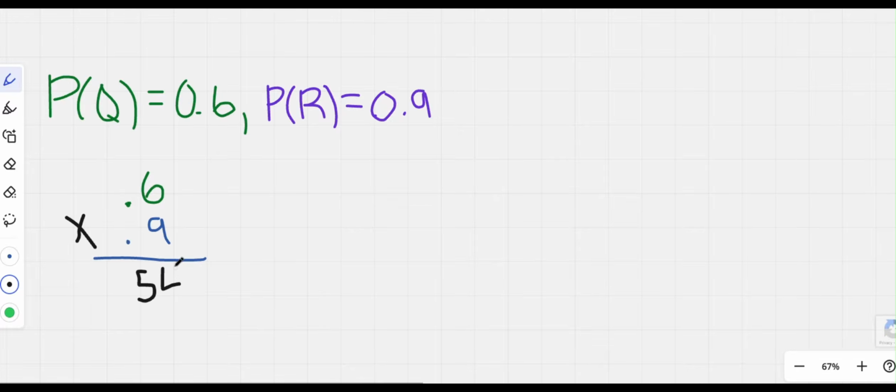And for the placement of the decimal, we count how many numbers we have behind the decimal in total. So it's one number behind the decimal here and another number behind the decimal there, and 1 plus 1 equals 2. So that means we need to have 2 numbers behind our decimal. So P of Q and R is equal to 0.54. Great job, everybody.